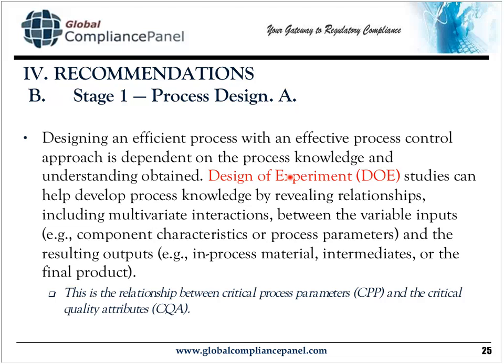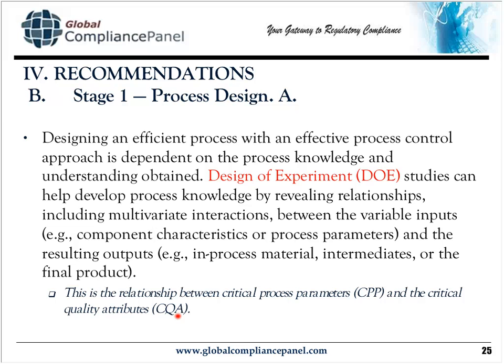Now, the problem with factorial experiments is that the numbers get large. So a lot of times people do what are called fractional factorials. You do pay a price for that, but you need to do it, and this should be done really at the development stage of your work, because in this stage, you want to define the relationships between your critical process parameters and your critical quality attributes.